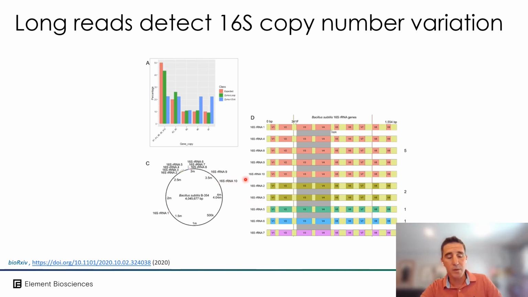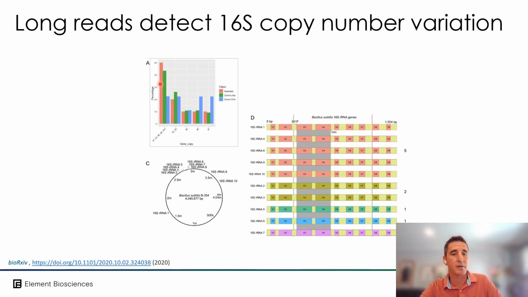When you sequence that strain with short-read sequencing, shown here in the blue bars, you can see that you're not really getting an accurate representation of the 16S copy number in the genome. The expected versus LoopSeq are the red and green bars here.